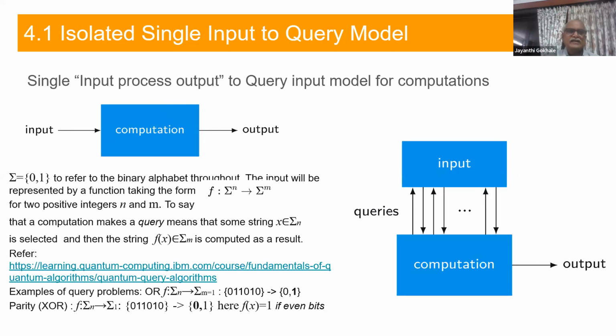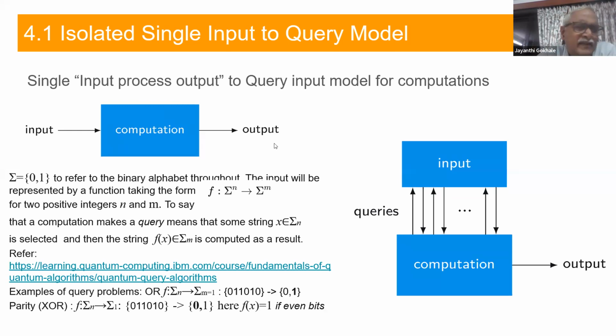And how do I identify this model? This model can also be identified as an input, which is a series of zeros and ones. So there is an input string coming out of the alphabet 0, 1, and the string could be of size n. So there is an n-bit input. I do some computation and generate an output.